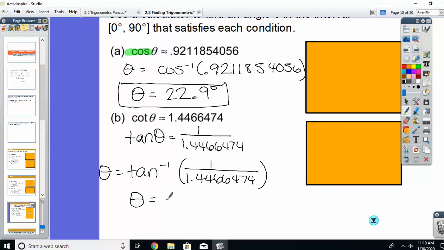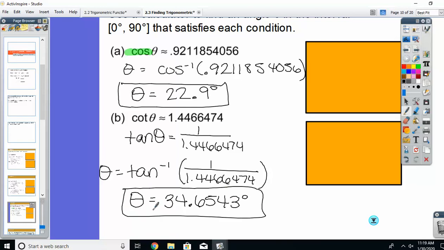And what do we get for our angle? 0.6543 degrees. Any questions? That's the end of this section. That's all we need to cover.